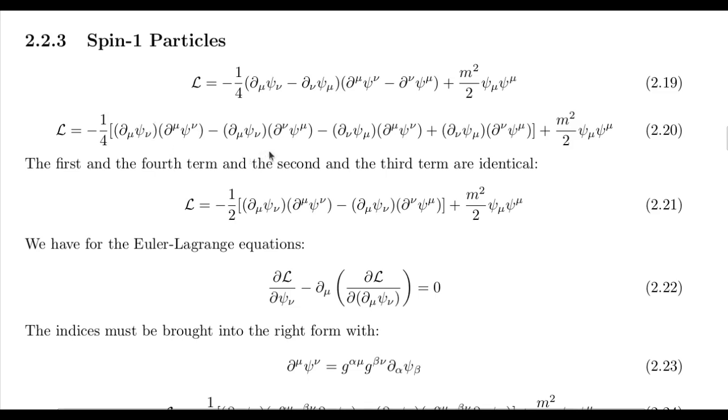And the same with the second and third term. We have here identical scalar products in these two terms, so we have that term twice. And so we can factor out a factor 2, and that means instead of a quarter, we have a half here in front. Now we have this shorter expression 221.